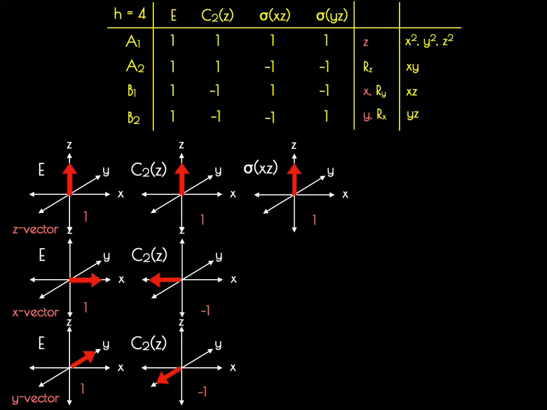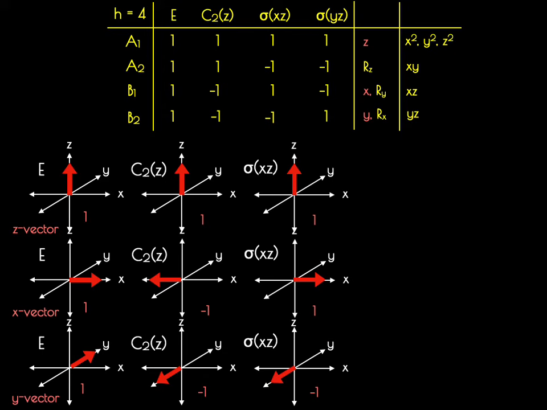For our mirror planes, our horizontal or our vertical mirror plane in the xz plane, we have a character of 1 for z. It doesn't change its direction. Same for the x. It doesn't change its direction. But for the y, it will change its direction. The direction of that vector swaps, so it's anti-symmetric with respect to that operation. Looking at the second mirror plane, the sigma yz, the z vector stays the same.